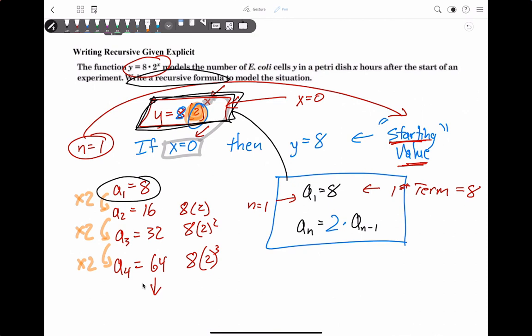This is what you should have gotten from all of this. When n is 1, that's our first term in the recursive formula. But when x is 0, not n, but x is 0 in the explicit formula, then that's when you would get your initial value. Your first term comes from when x is 0. That's the difference between explicit versus recursive.